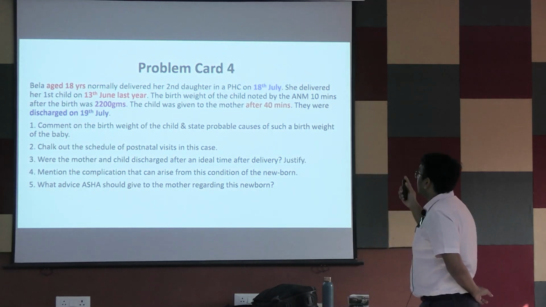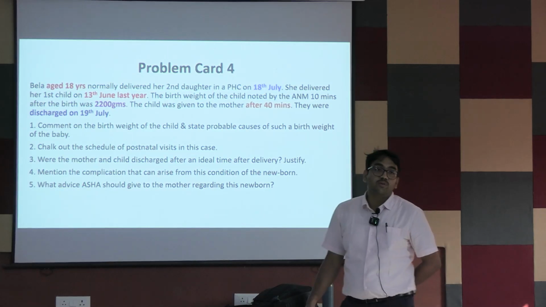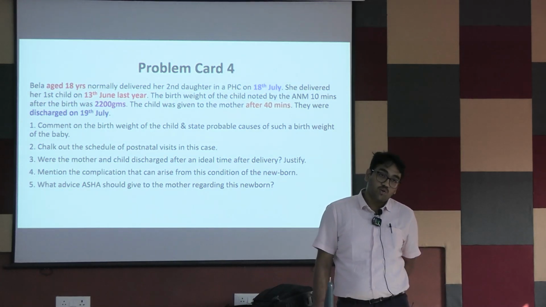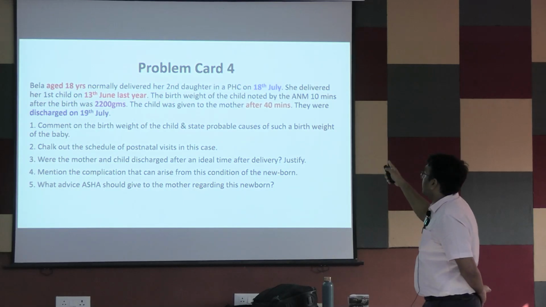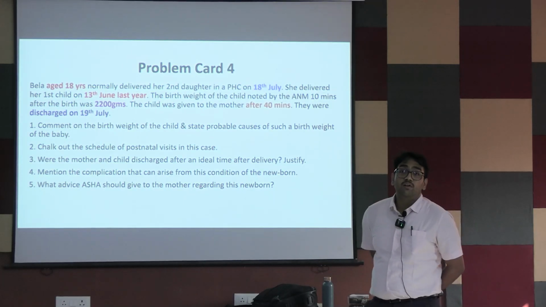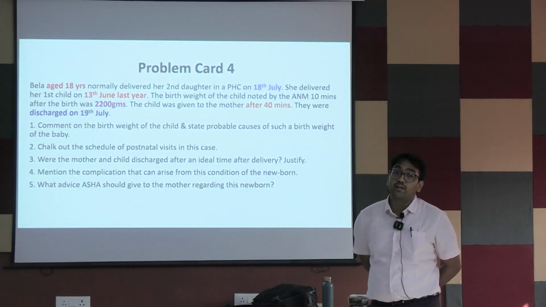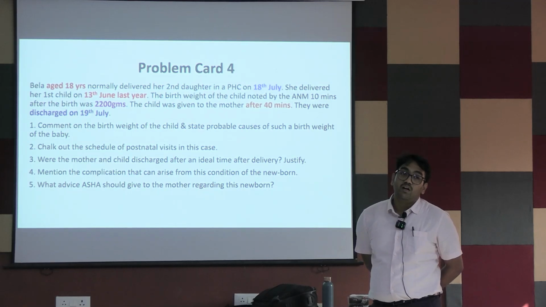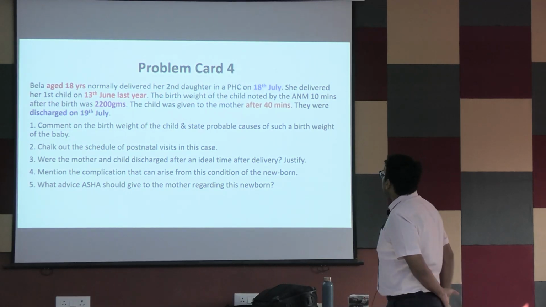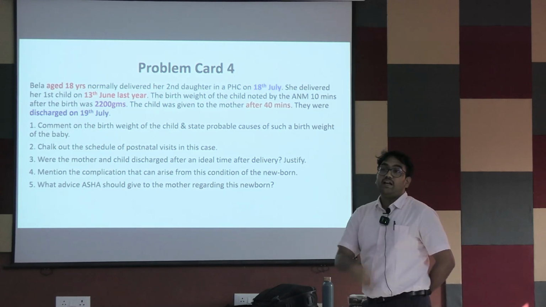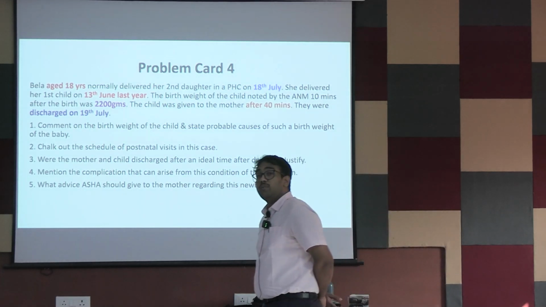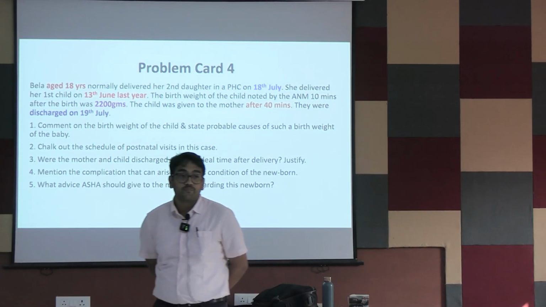Next, birth weight is 2200 grams. That means this is a low birth weight child, isn't it? This is a low birth weight child. And the child is given to the mother after 40 minutes. Now what kind of delivery is this? Normally delivered. So if it's a normally delivered child, what should be the early initiation of breastfeeding?